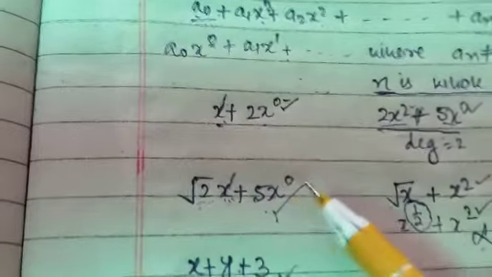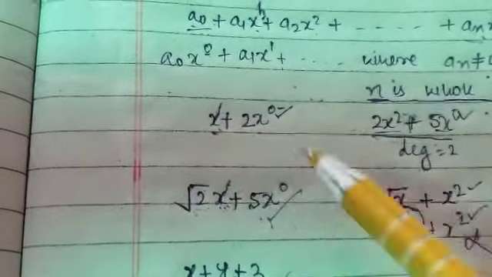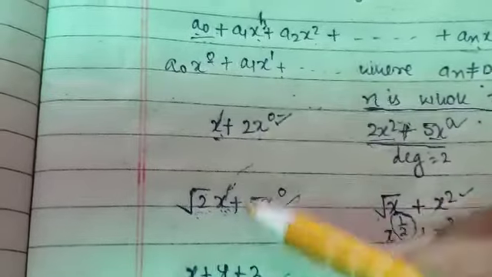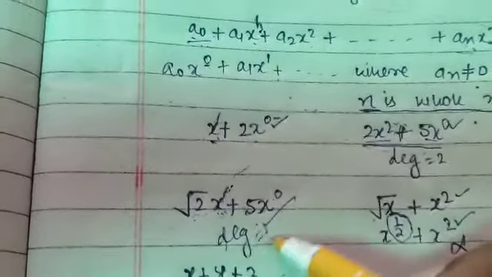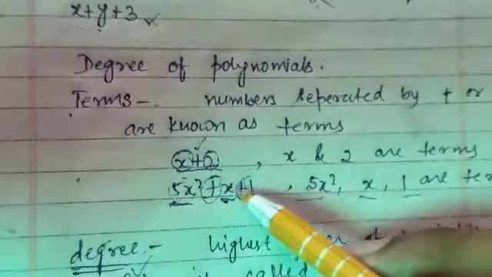Again, this is not a polynomial, we will not discuss it. Here the power is 0, in the second term the power is 1, meaning the highest is what? 1, so the degree is equal to 1. Again here you can say there are 3 terms, 1, 2 and 3.